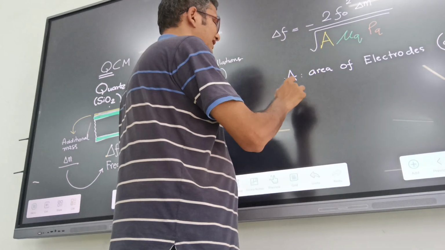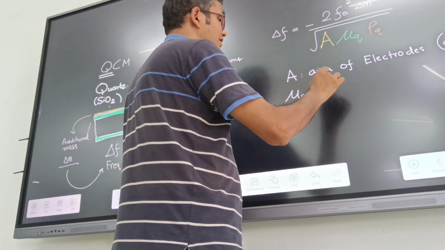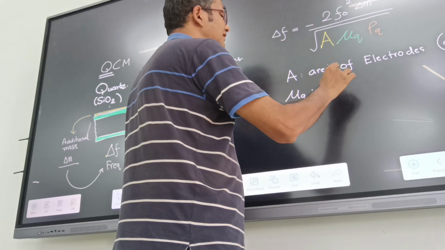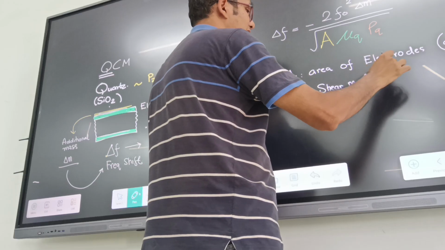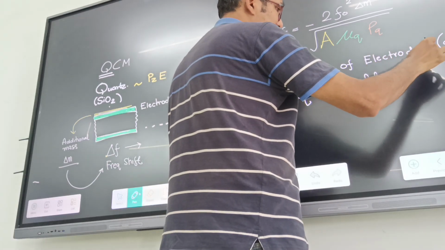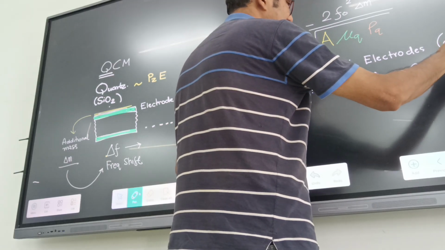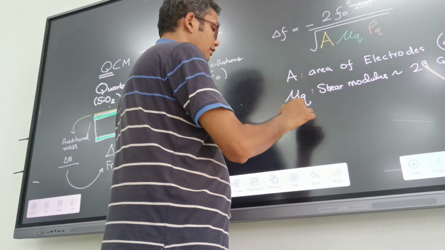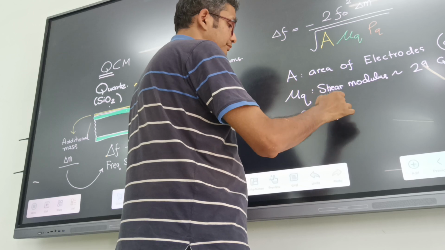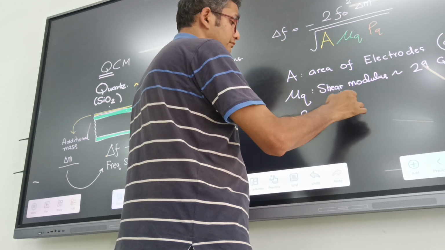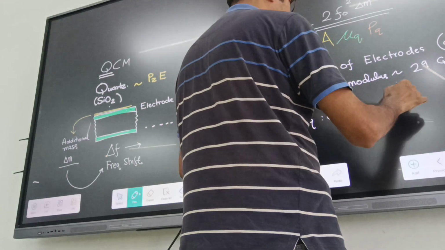दूसरा है, this is the shear boundaries. This is approximately 29. Around 3 grams.